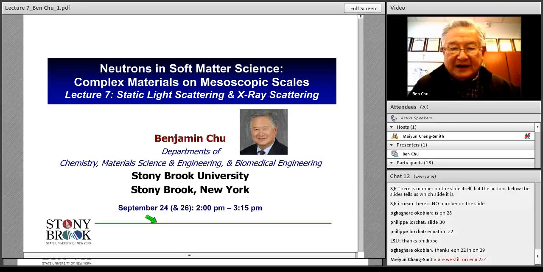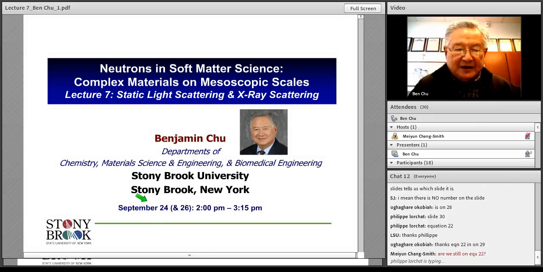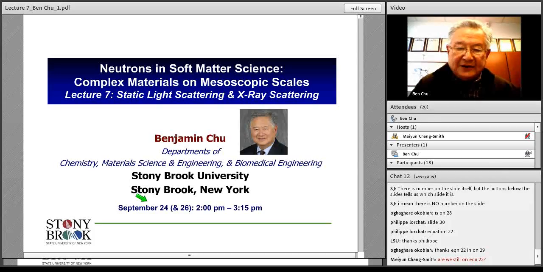Again, like I said, I try to skip some of this and only reach the result that we want to see. So in an expansion, without considering the higher order terms, we can think of P of Q as 1 minus Rg squared Q squared over 3. Rg is the radius of gyration.